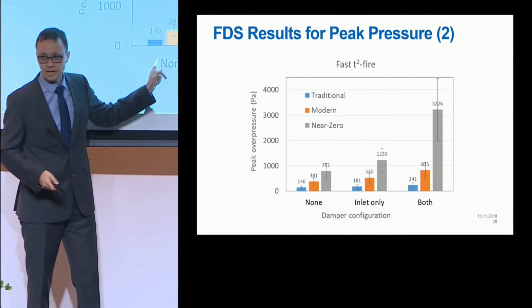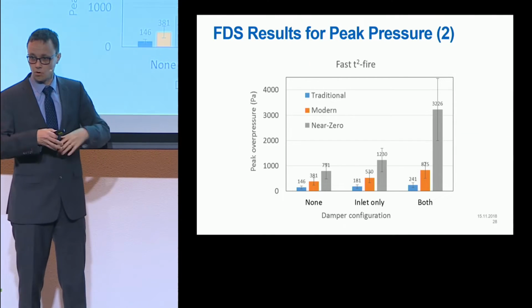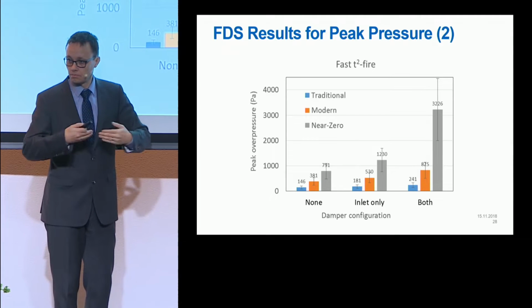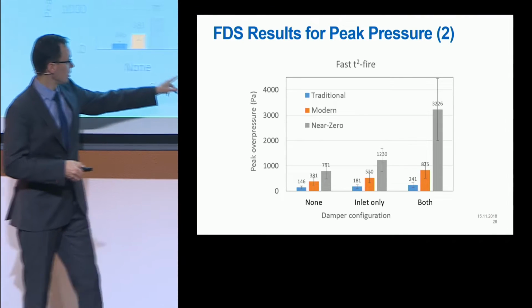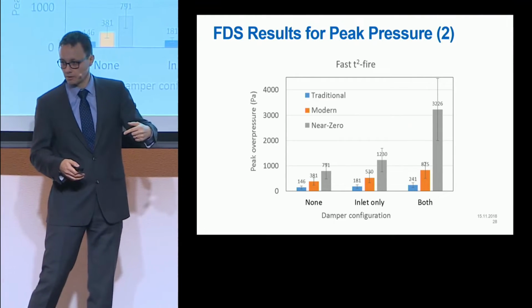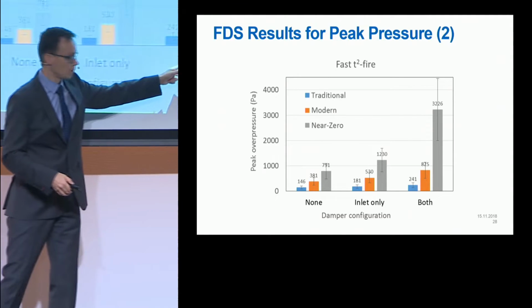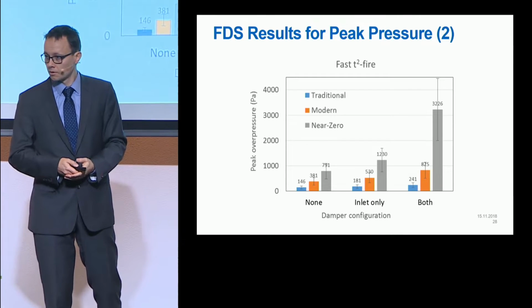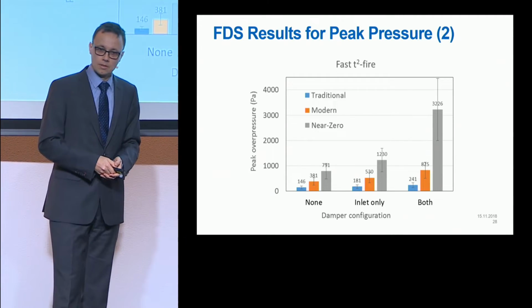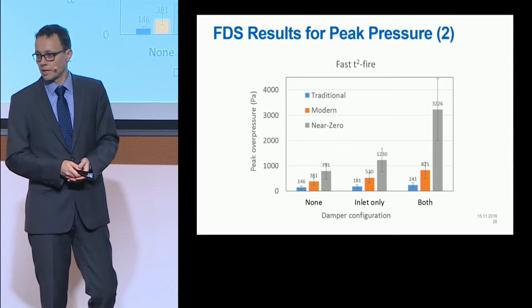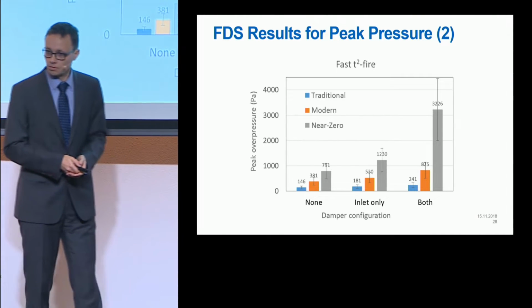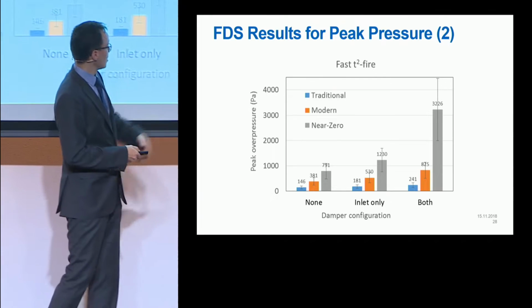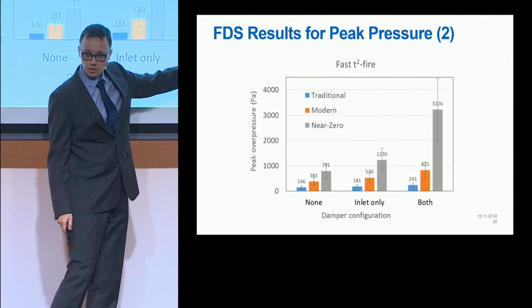Here we don't have anything, no dampers, open ducts, and ventilation working. Here we have closed the inlet duct, and here both ducts are closed. So some clever fire engineer has decided, okay, we put fire dampers there to protect neighbors, so we isolate the apartment, and we see that we get the highest pressures.